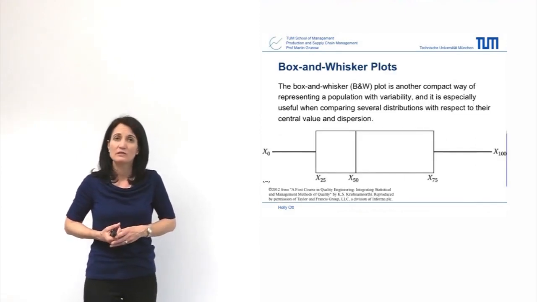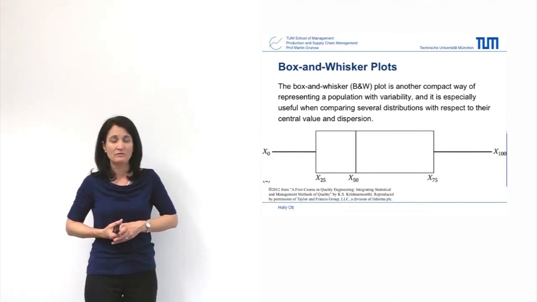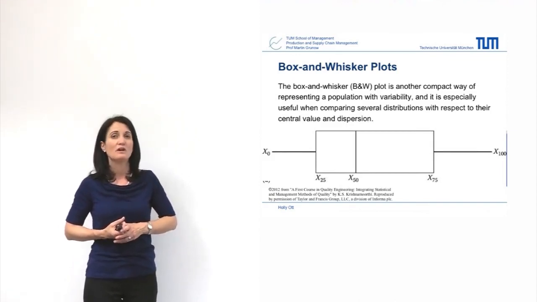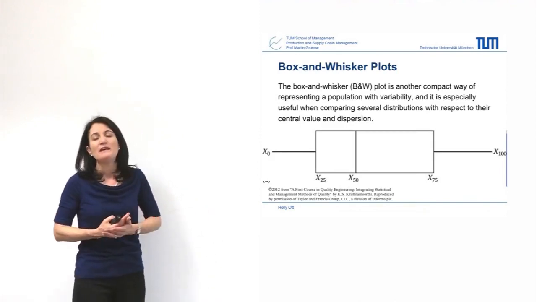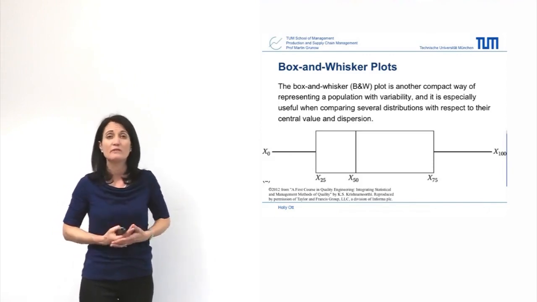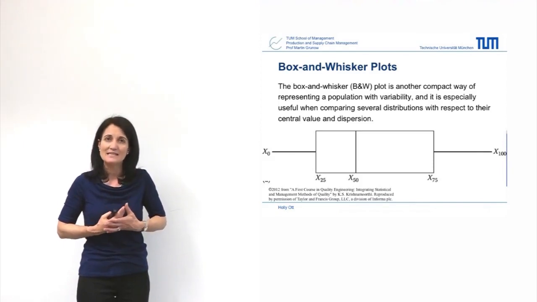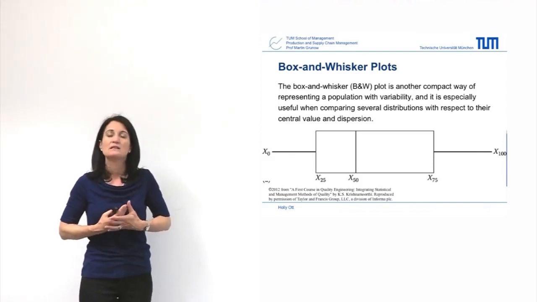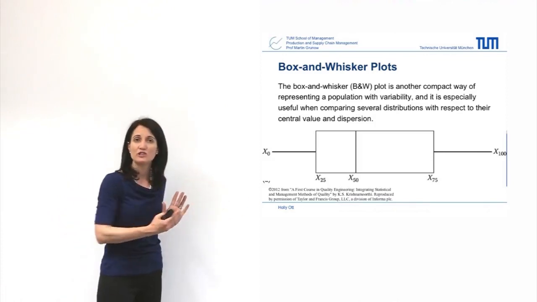We also looked carefully at a very powerful and useful type of plot called the box and whisker plot. And this is my favorite one. It has more information than you have from the histogram, but you see it in a very concise way. The small box tells you roughly how wide your distribution is.